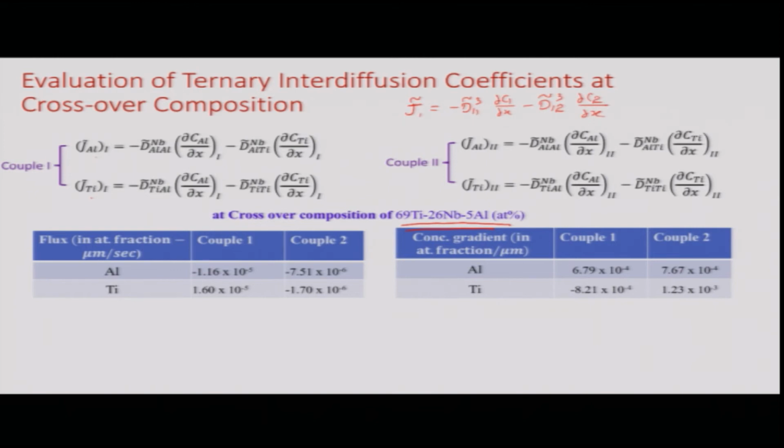If we assume molar volume to be constant, we can take the molar volume out, and now in this equation C1 and C2 are the concentrations which are in moles per centimeter cube, and the flux unit is moles per centimeter square per second.